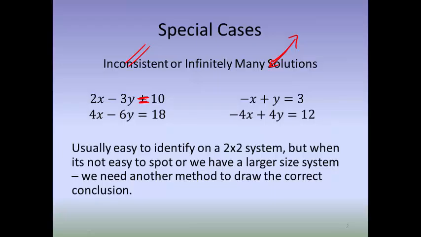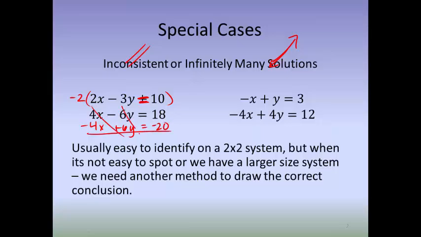Let's go ahead and solve the system using just our thoughts. What would happen if we were to multiply this whole top one by -2? We would see -4x, and if I distribute, a +6y, but then we would see -20.